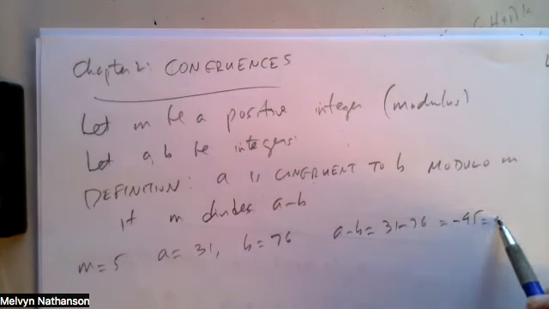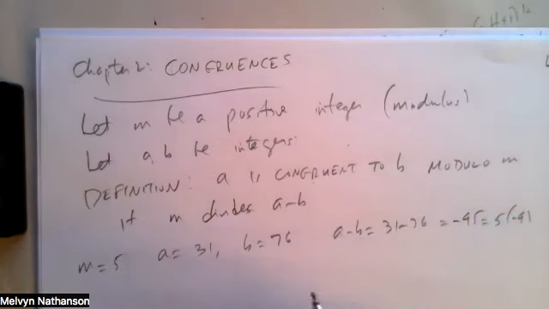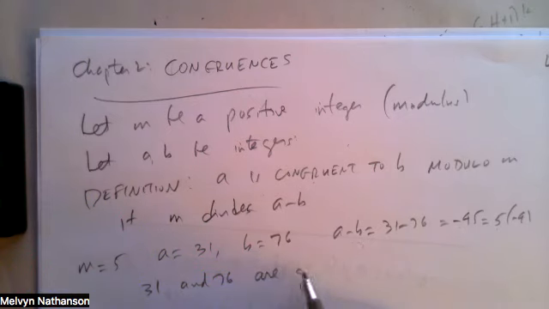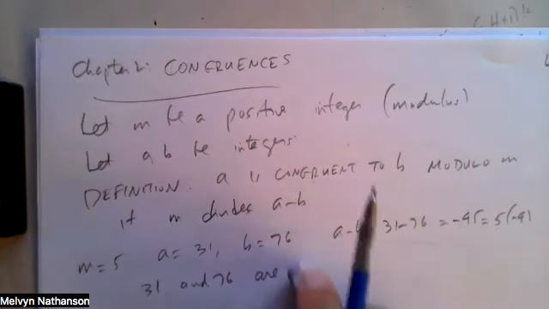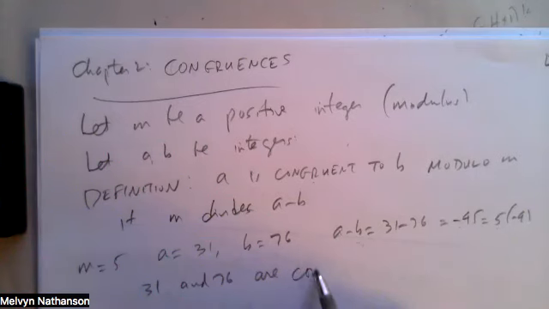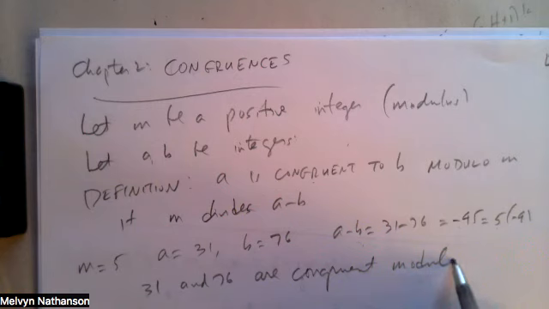Minus 45 is 5 times minus 9. So 5 divides the difference a minus b. So 31 and 76 are congruent modulo 5.